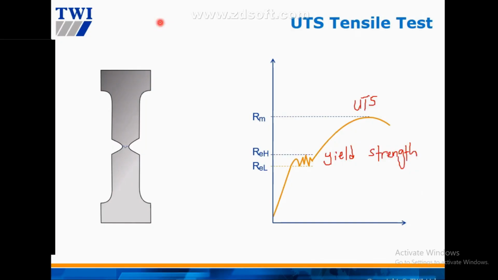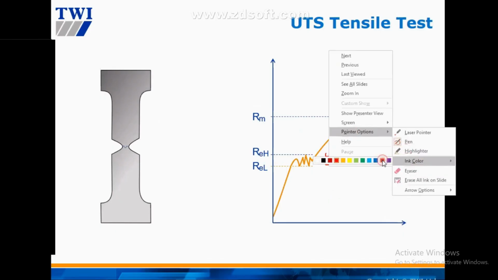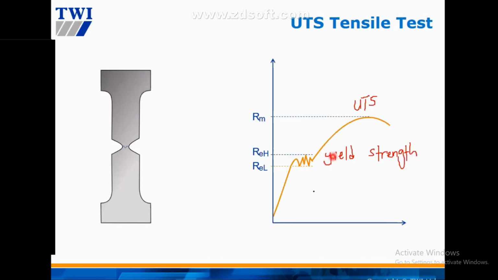All right, another thing you need to remember a bit is that below yield here, this is what they call elastic. Okay? And above here, they call it plastic. Right?